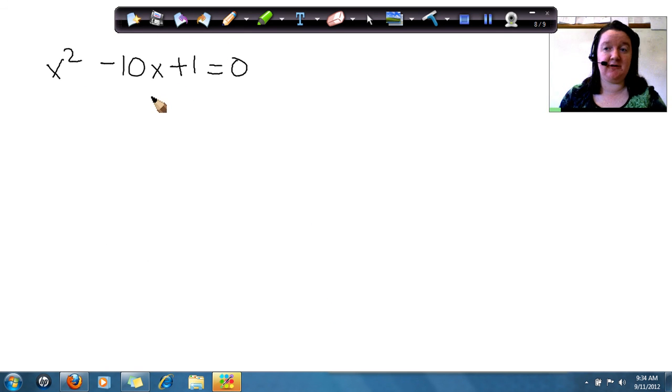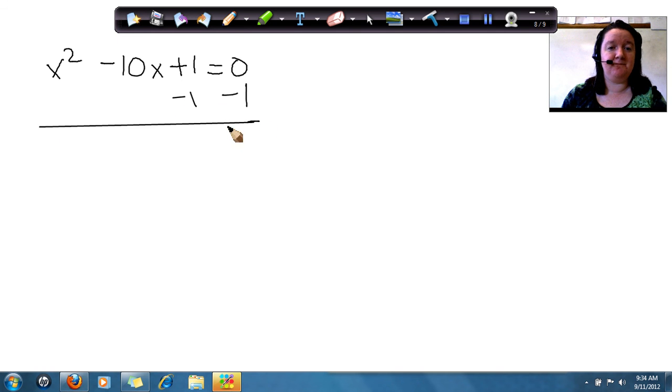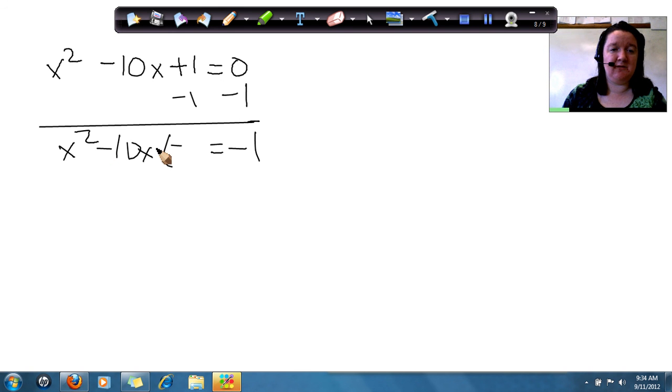Let's look at another example. Here's our greatest common factor. Nope. So now let's get this over to the other side. So we have x squared minus 10x equals a negative 1. So we know we can take that number 10, divide it by 2, and square it. So we have x squared minus 10x.